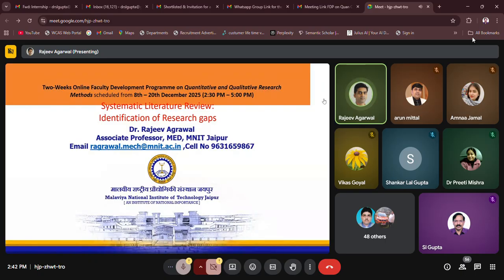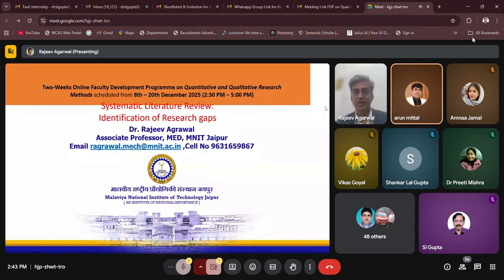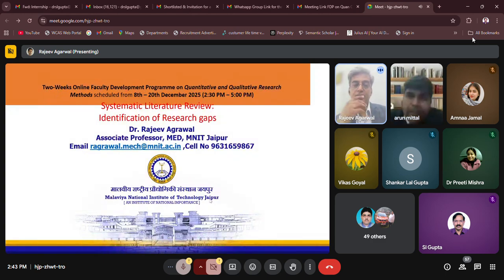Before starting, I just wanted to understand two things very clearly. All the participants from various institutes, how many participants are there? Sir, there are in total 80 plus participants, 85 or more. That's great. This is the second day, so they have already been introduced to the quantitative and qualitative techniques.